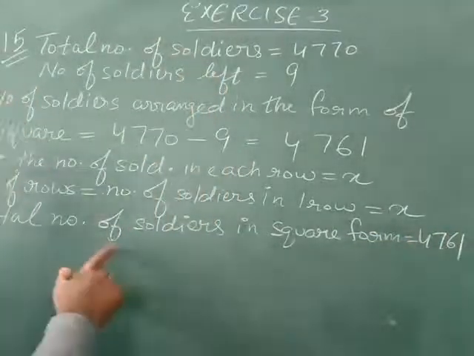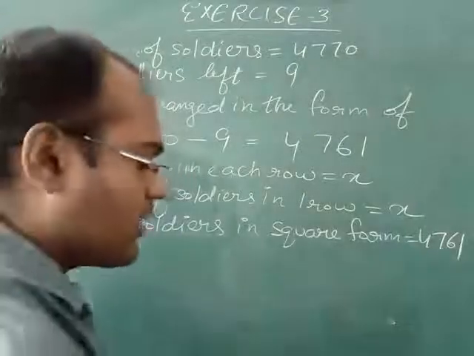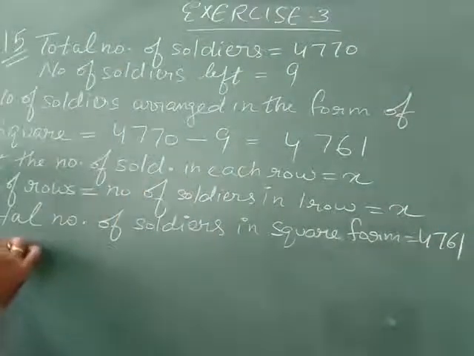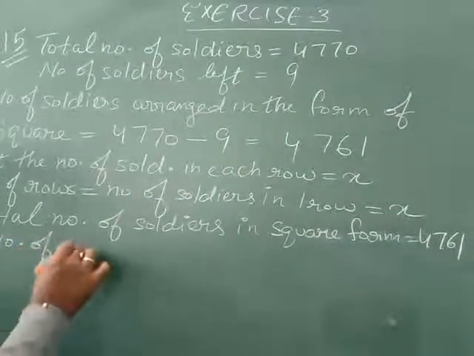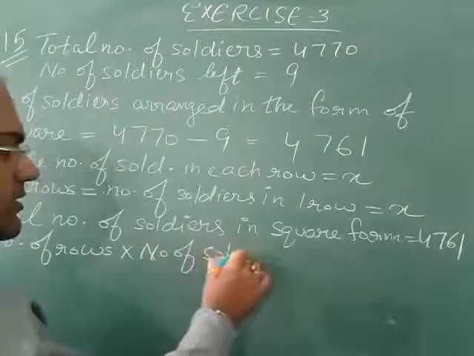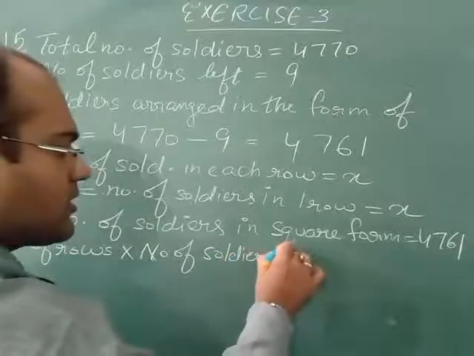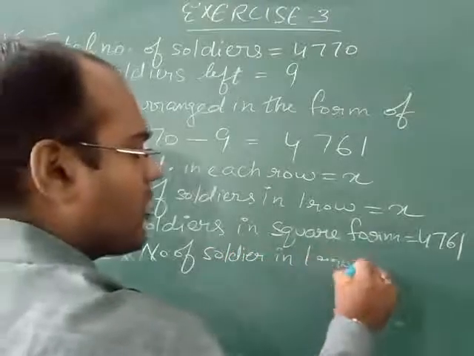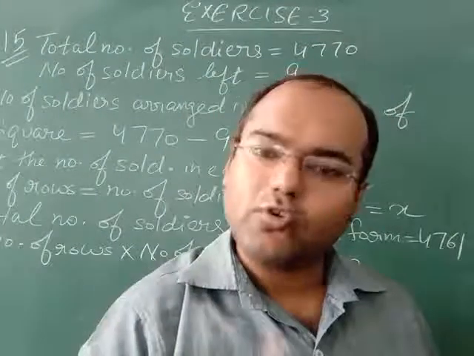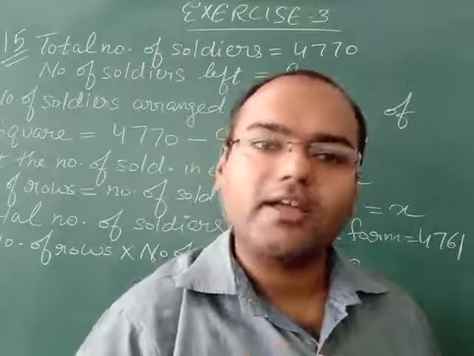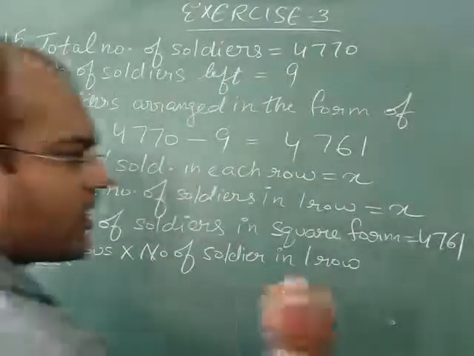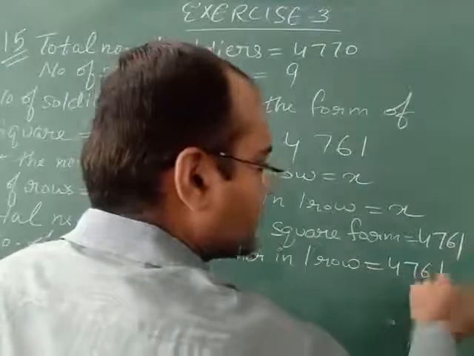Now here we have to use one formula. टोटल नंबर ऑफ सोल्जर्स स्क्वायर में नंबर ऑफ रोज इनटू नंबर ऑफ सोल्जर इन वन रो, दोनों को आपको मल्टीप्लाई करना है. Then we will get the total number of soldiers. तो टोटल नंबर ऑफ सोल्जर के लिए ये फॉर्मूला लगाया, इक्वल टू 4,761.